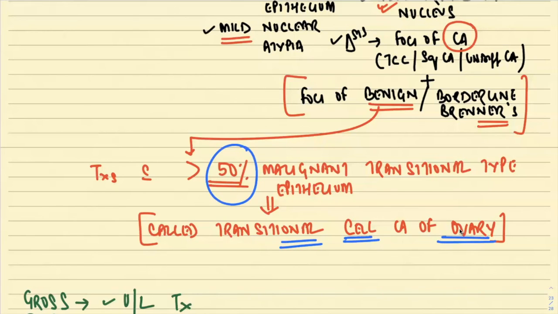When the malignant epithelium is present along with the benign and borderline Brenner's, and the malignant epithelial tissue is less than 50%, we call it malignant Brenner's tumor. But if the malignant portion is more than 50%, we call it transitional cell carcinoma of the ovary. A very, very important question asked in AIIMS and INICET.